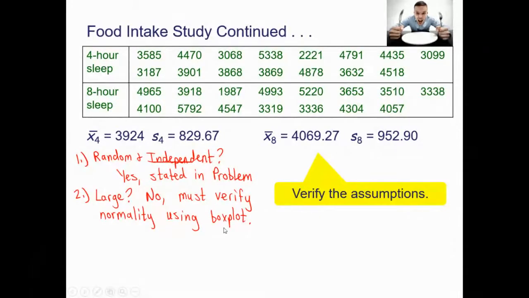At that point, you would draw your box plot, and then comment on it and make your conclusion.